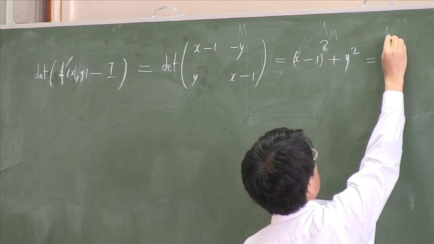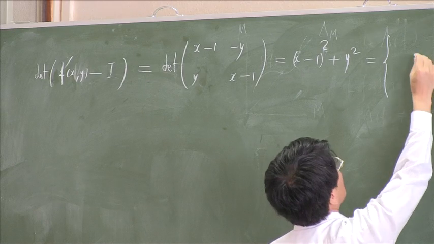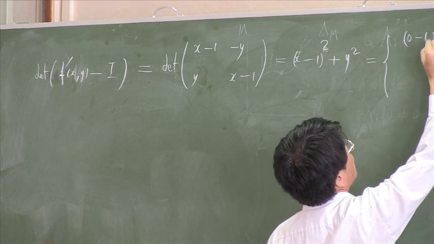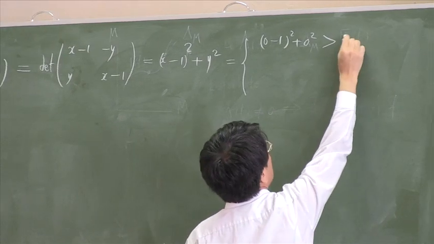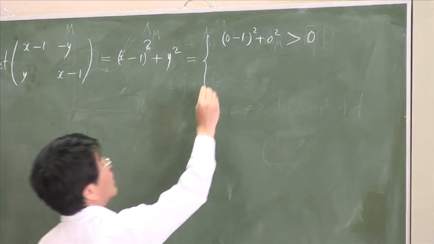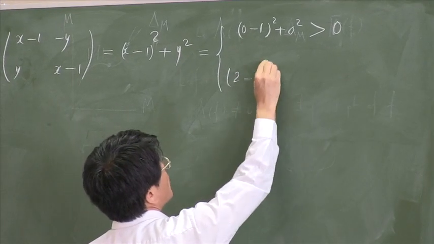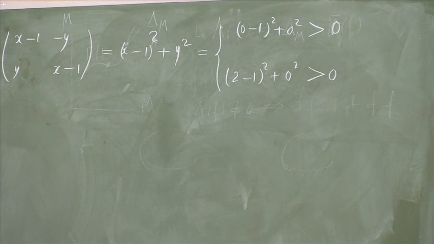If you want to be completely precise, at the point 0, 0, what is this? 0 minus 1 squared plus 0 squared, which is 1, that's positive. At the other fixed point 2, 0, what is this? 2 minus 1 squared plus 0 squared, that's again positive. So in either case, the sign is positive.